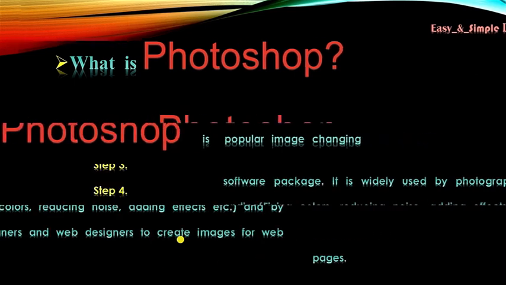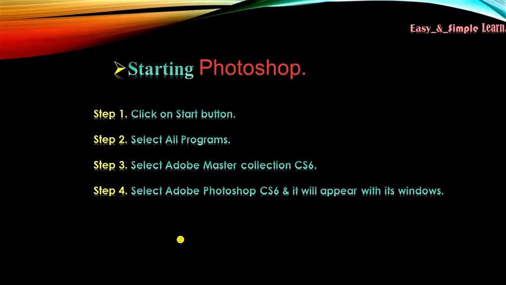Now next, it's totally practical, starting Photoshop. How you will start Photoshop. These are the simple basic steps to open Photoshop on any computer, in any operating system. Clear or not? Mainly you can open it in Windows 7.